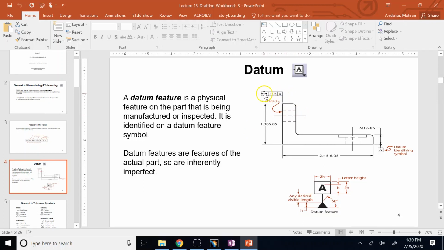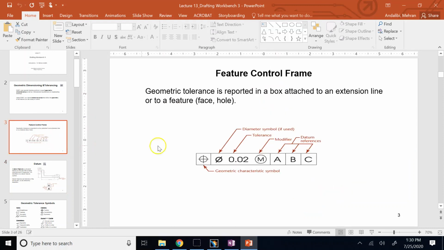The first cell is the symbol of the geometric tolerance. The second one is the width of the tolerance zone, and the third one is a datum if it exists. Of course, there is more, like modifiers and so on, but getting into more details of that is going to go way beyond the scope of this class.